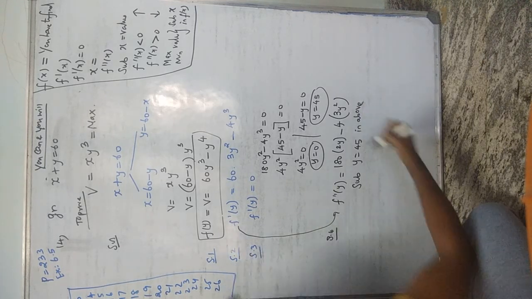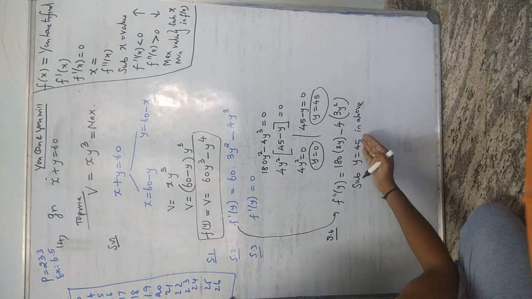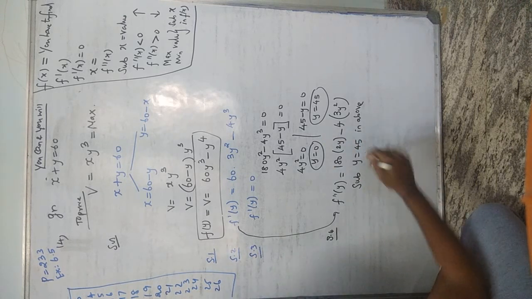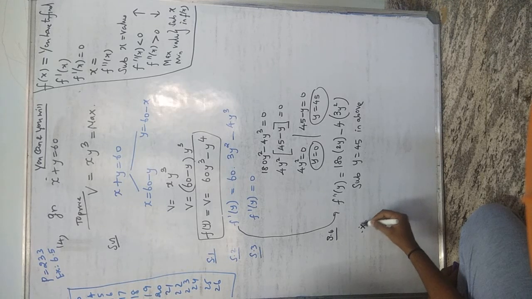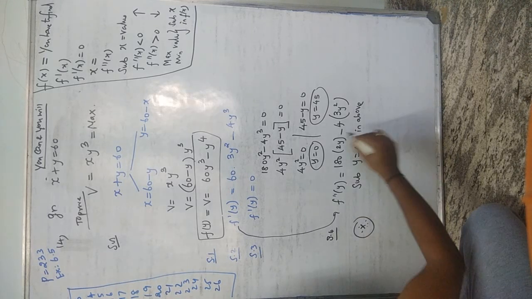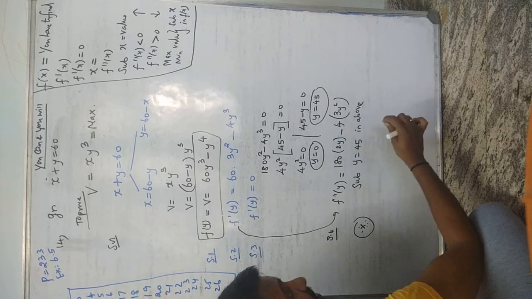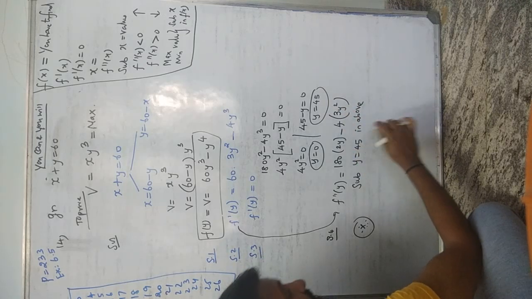The good thing here is that you need not substitute y equals 45 and find the actual value. Please note it down, it is a very important point: you have to substitute y equals 45 in f double dash, but you need not say what number it is.